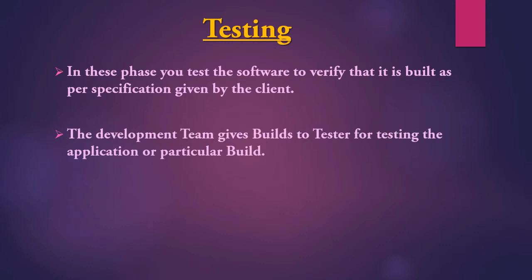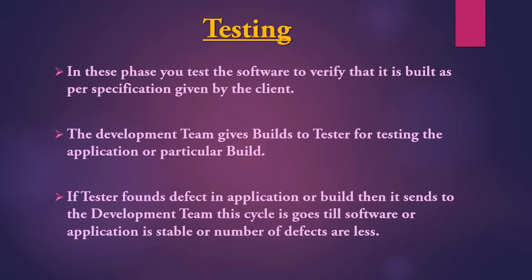The development team gives the build to the tester for testing the application or a particular build. That means the tester needs to test the build to check whether a defect or bug is present or not. If the tester finds defects in the application or build, then it is sent to the development team.